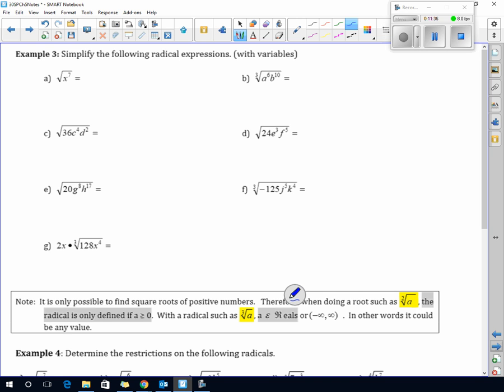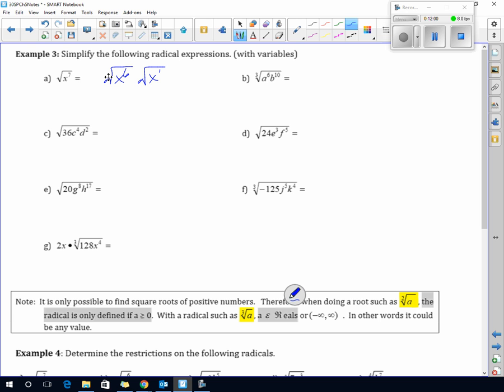Four is 1, but there's even higher. The square root of x to the power 6? Yes? Can you not square root x to the power 6? Yes? So that would be x to the power 3 root x. Yes?